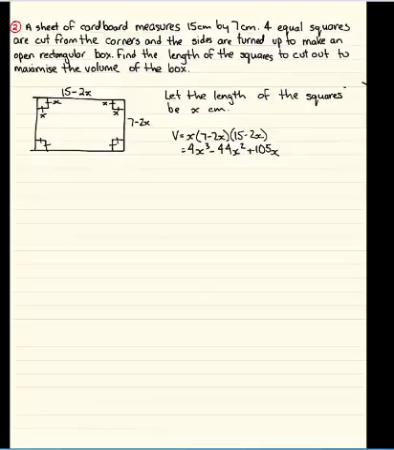Now before you get into the differentiation and all the other steps, because that's what we've been studying, that's what we've got to do, and we go straight into it, I want you to stop and think, what kind of conditions do we have on x? Okay, so this is where you go back to your diagram and you have a look and you say, well, how long can x be?